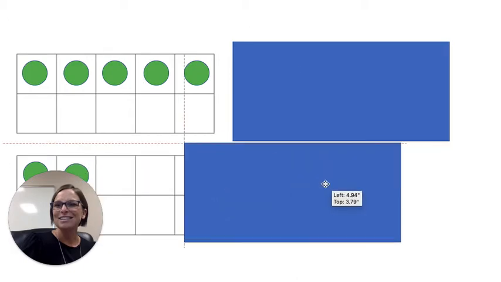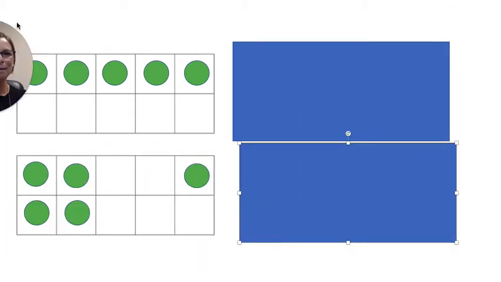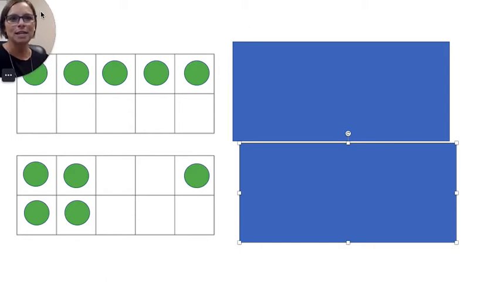Let's take a look at now another 10 frame. Let's really study that for a minute. How is it similar and how is it different from the first 10 frame?